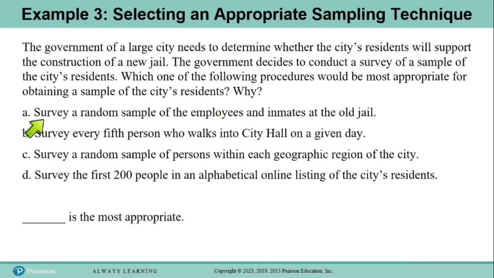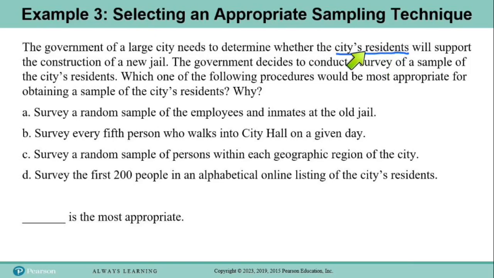Okay, choice A. We survey a random sample of the employees and inmates of the old jail. Now, to be honest with you, I don't like choice A already because we're only sampling the opinion of people who were involved in the old jail. And who's our population? It said they wanted to determine whether the city's residents will support the construction of a new jail.